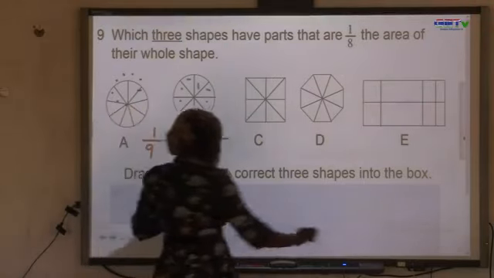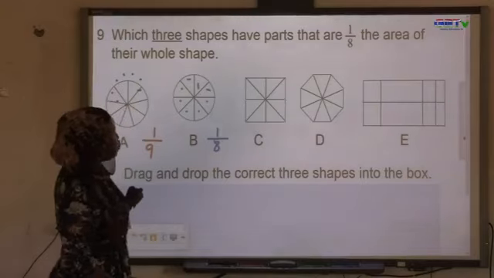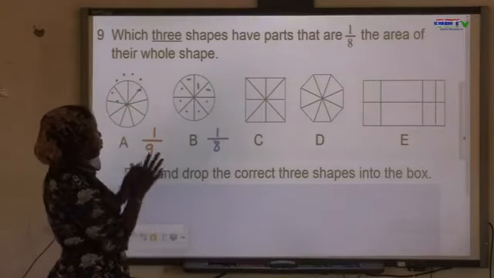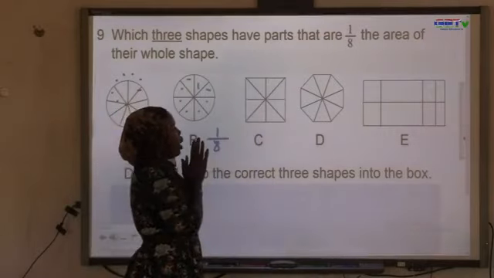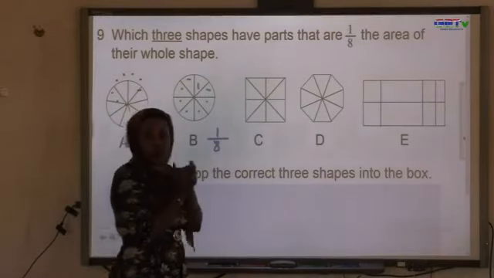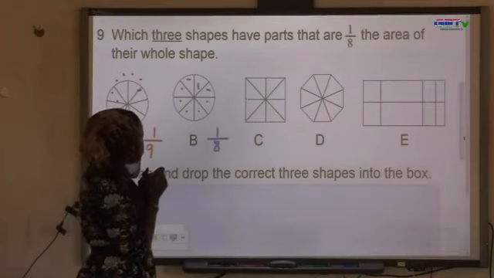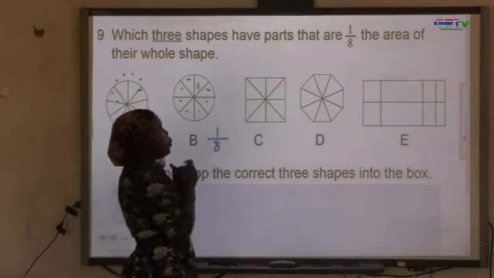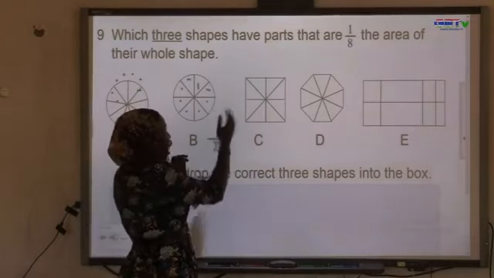Now let's move on to C. Let's look at the whole. Are all the parts equal? Yes, all the parts are equal. How many parts are there?